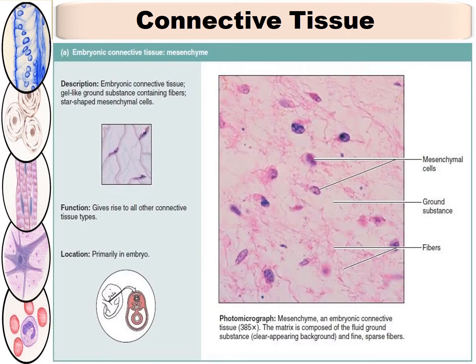Now, let us discuss the connective tissues one by one with the help of their respective photomicrographs. The first one is the embryonic connective tissue, that is the mesenchyme. It is an embryonic connective tissue with gel-like ground substance containing fibers and star-shaped mesenchymal cells.